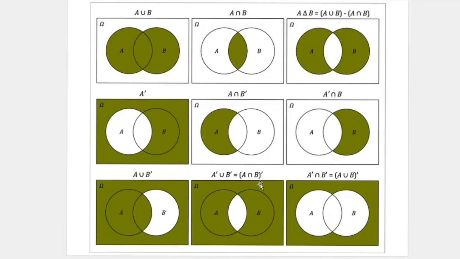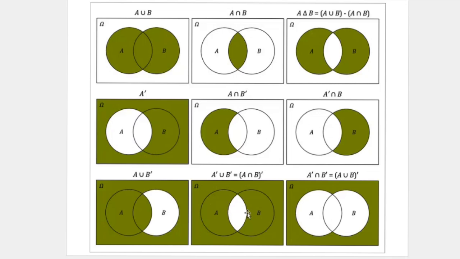Now, this operation is pretty special when it comes to set theory because this is a law referred to as De Morgan's law: the prime of A intersection B is equal to A prime union B prime, and the physical representation of that is everywhere else is shaded except the intersection of A and B. And of course, it's obvious from this.